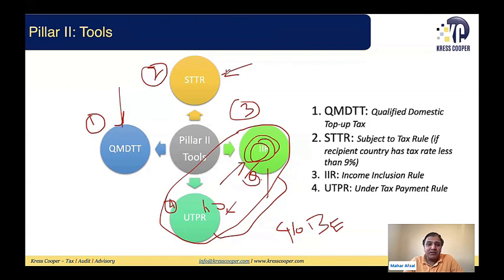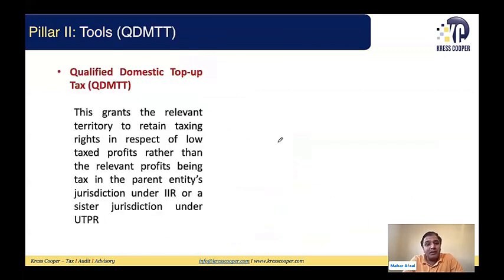This is called preference treatment, that under the tax, this is called the subject to tax rule. Just look into this. Qualified domestic top-up tax grants the relevant territory the right to retain taxing rights in respect of the low-tax profits rather than the profit being taxed in the parent entity.